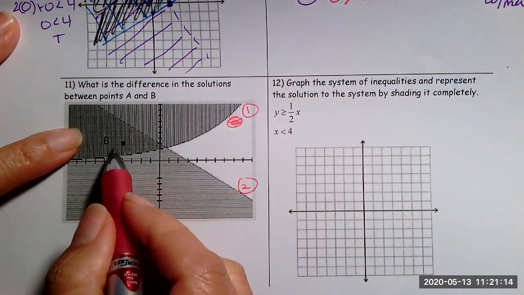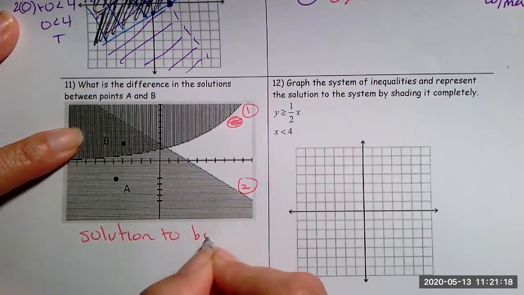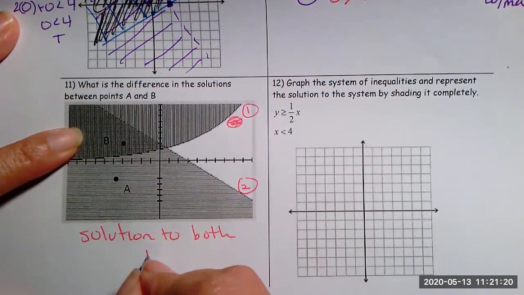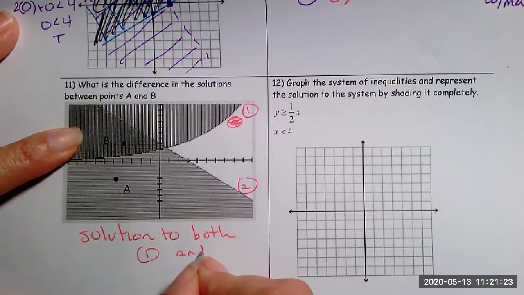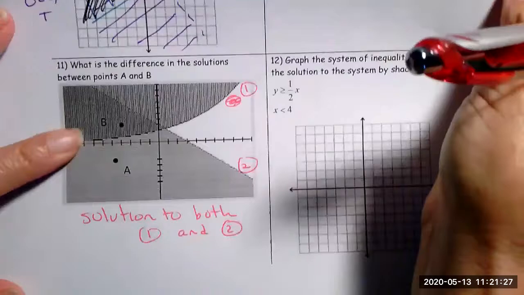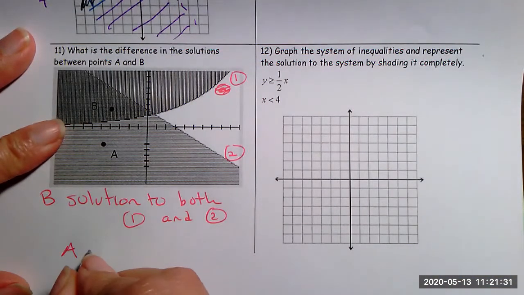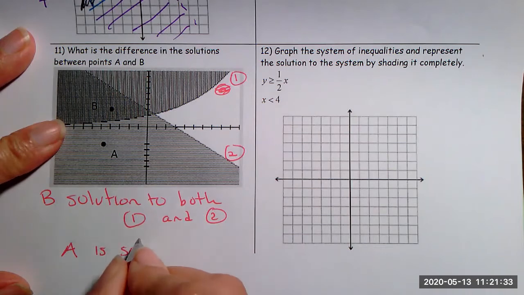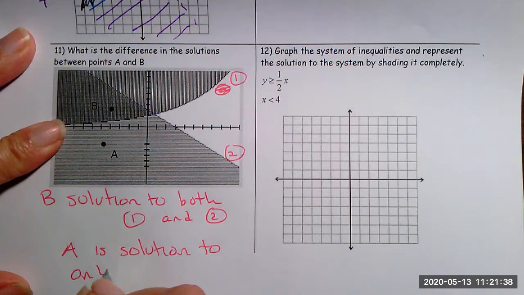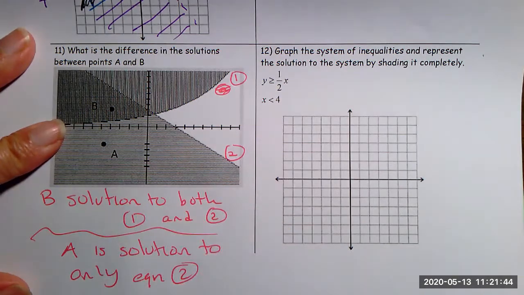So B represents the solution to both equation 1 and 2. So what does that tell me about A? A is the solution to only equation number 2, because it's only shaded where number 2 is.